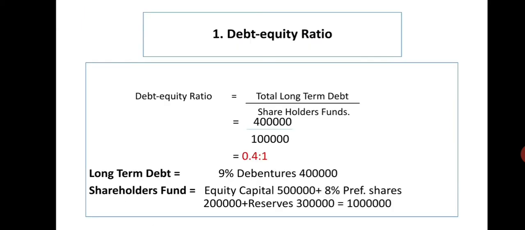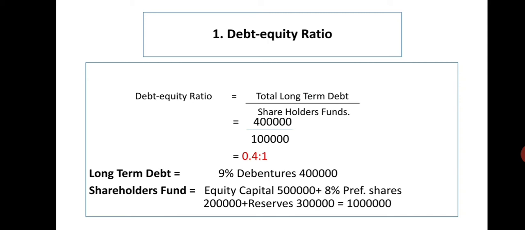So first, debt equity ratio. So what is the formula? Total long term debt divided by shareholders fund. So long term debt means, in the problem on the liability side, there is only one long term debt, that is 9% debentures. So how much is it? 4 lakh. So 4 lakh. And shareholders fund. So what things are considered for shareholders fund?